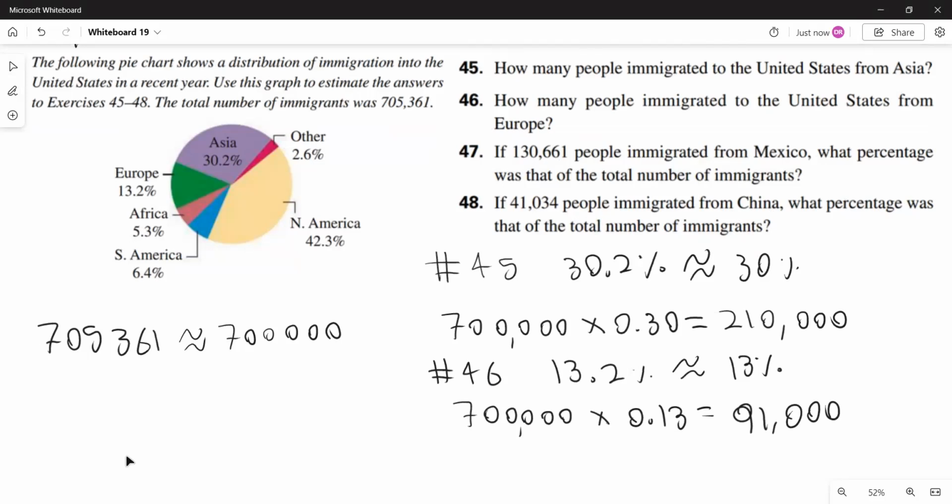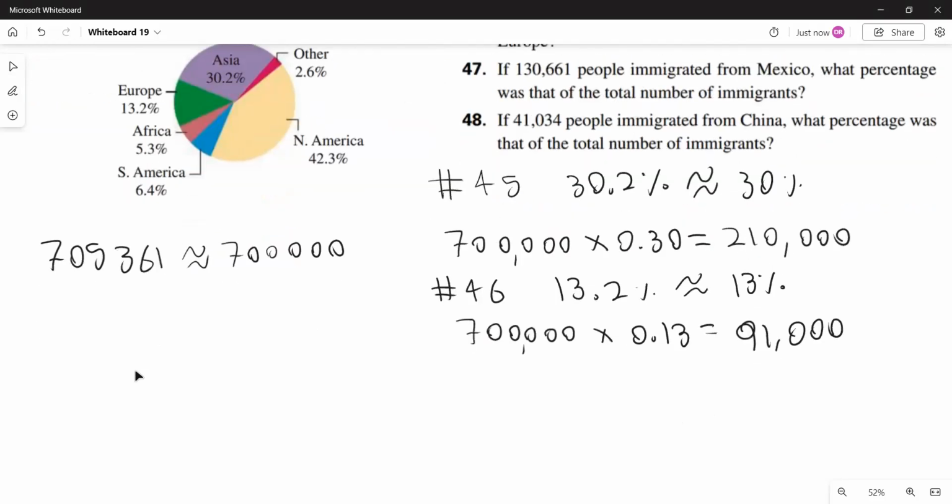Number 47, if 130,661 people immigrated from Mexico, what percent was that of the total number of immigrants? So I'm going to choose a number we can divide by 7.